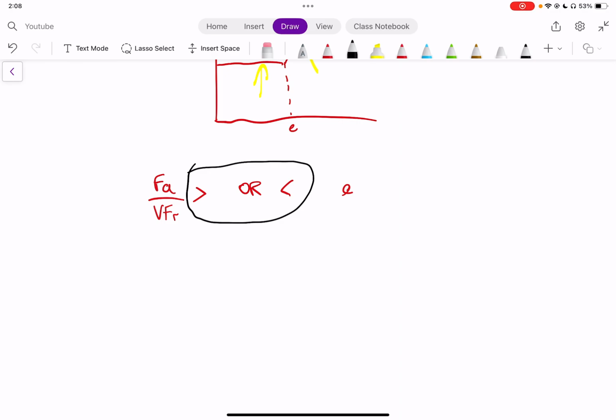We also have V. So we can say that FA over VFR is going to be equal to 2 over 1 times 5. It's 2 kilonewtons over 5 kilonewtons, and we get that this is equal to 0.4 as a ratio, so it's 40%.